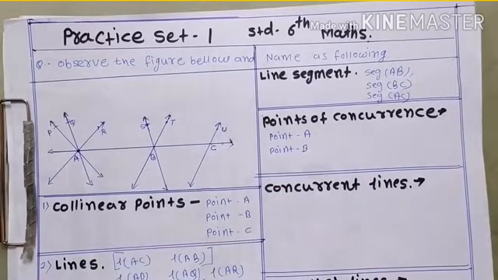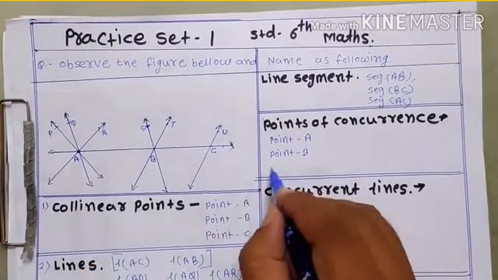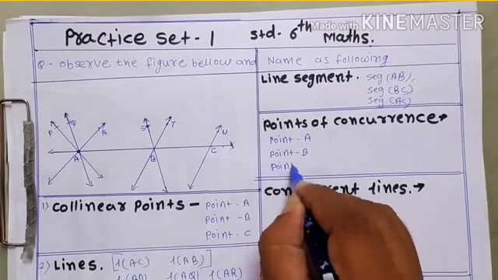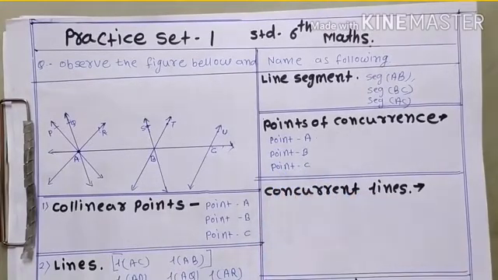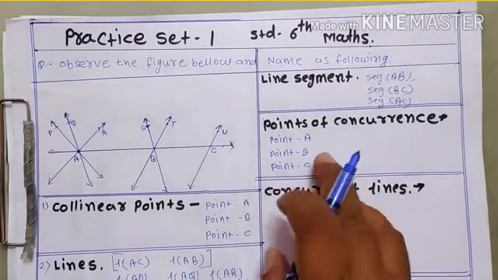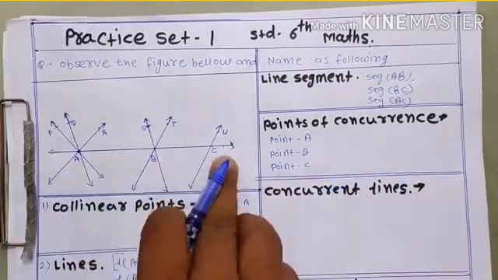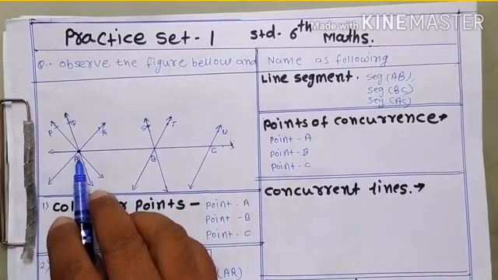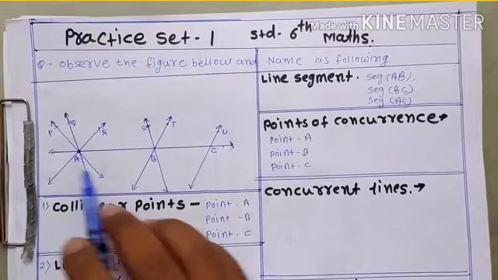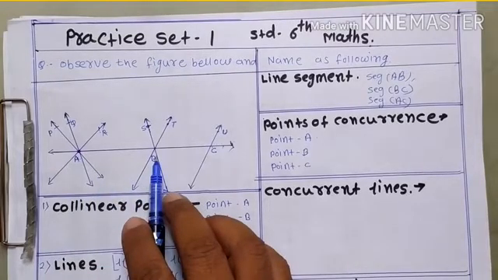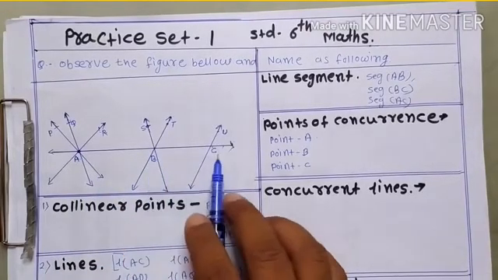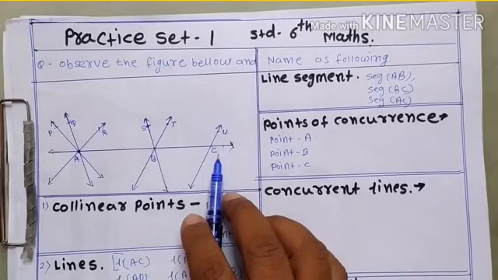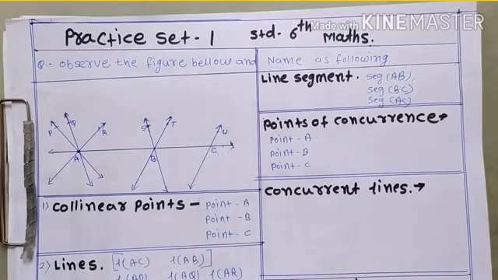So point C is also a point of concurrence. So there are 3 points of concurrence, point A, point B and point C. Point A has 4 lines passing through, point B has 3 lines and point C has 2 lines, means 2 and more than 2.